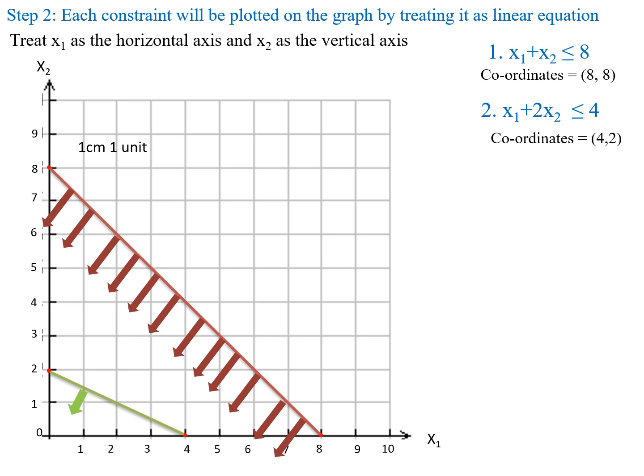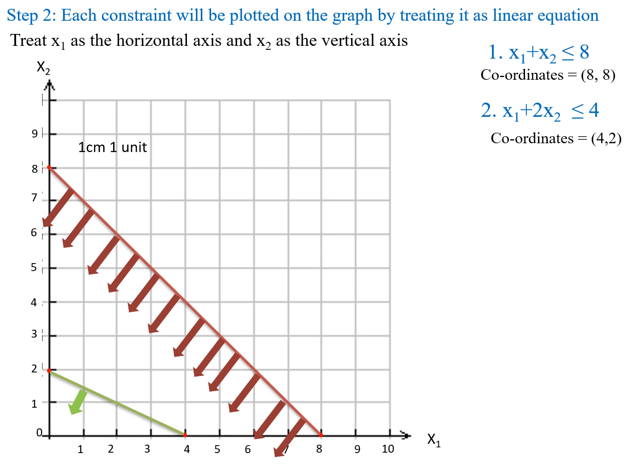Then we have to mark the region based on the inequality symbol. If the inequality symbol is greater than or equal to, then we have to consider the region above the line. If the inequality symbol is less than or equal to, then we have to consider the region below the line.